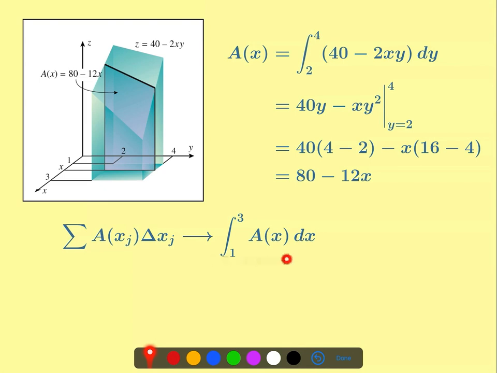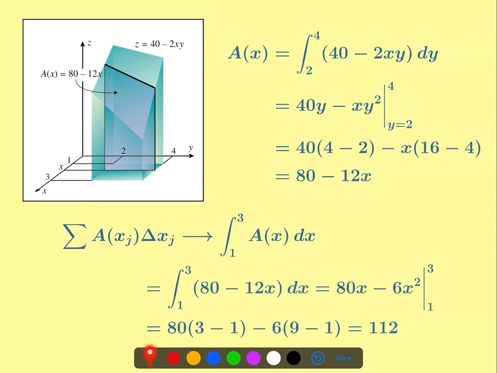So now we just want to integrate A of x dx from 1 to 3, and we know what A of x is, so we plug that in, and this is what we get. So we get the 80 minus 12x here. We integrate, we get 80x minus 6x squared.